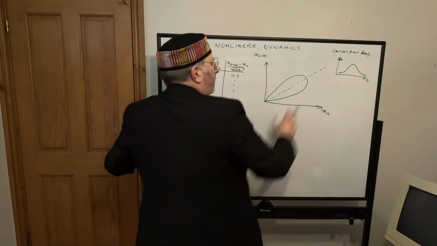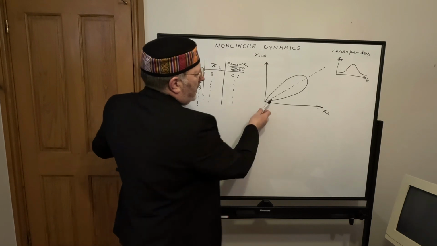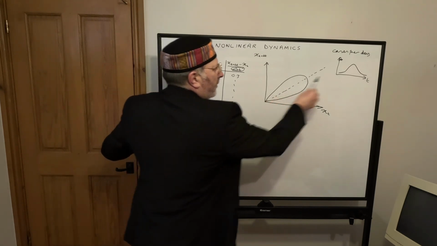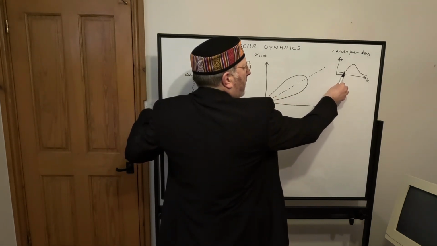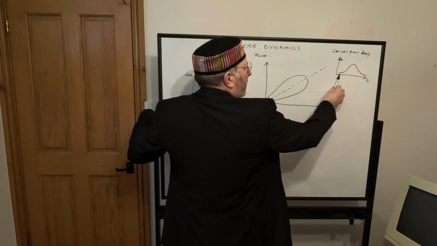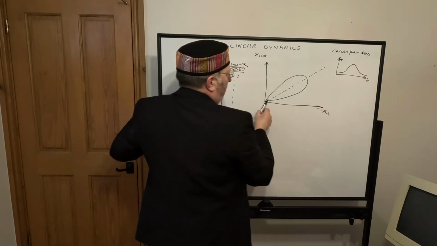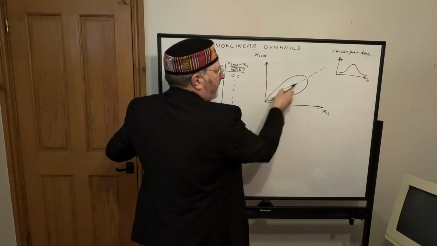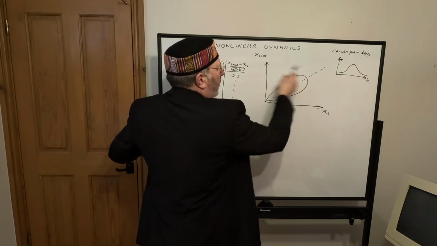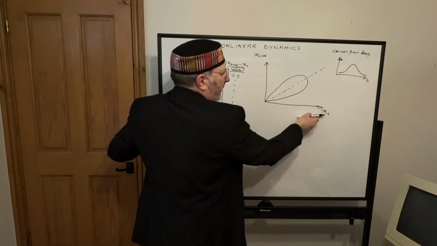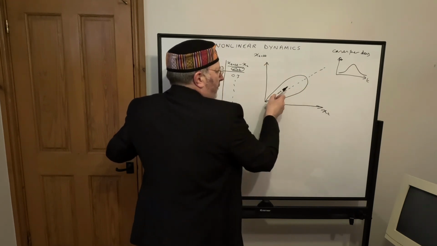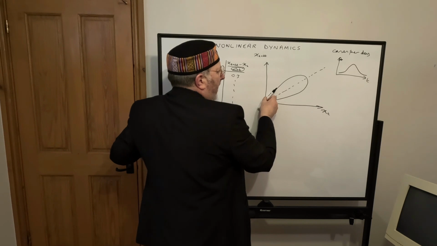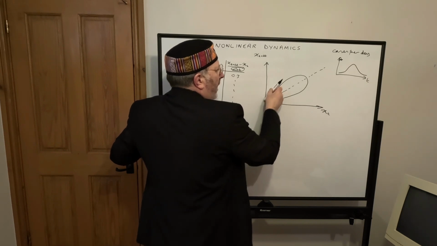That's where they're equal. So initially, the value here, then the value the next day, cases per day, is greater than it was the previous day. So it's going outwards, and it's above the line where x equals y, or when x(t plus delta t) equals x(t), the 45-degree slope.